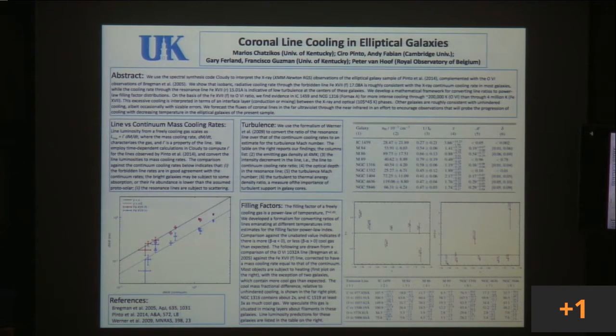2005 of O VI 1032. We use Cloudy to follow the cooling of gas from 10 million degrees to 10,000 degrees. And in the process, we aggregate these gamma factors over here, which allow us to convert fluxes into mass cooling rates through the line. Comparing those rates against the rates obtained by fitting the X-ray continuum, we see that the Fe XVII resonance line is quite absorbed.